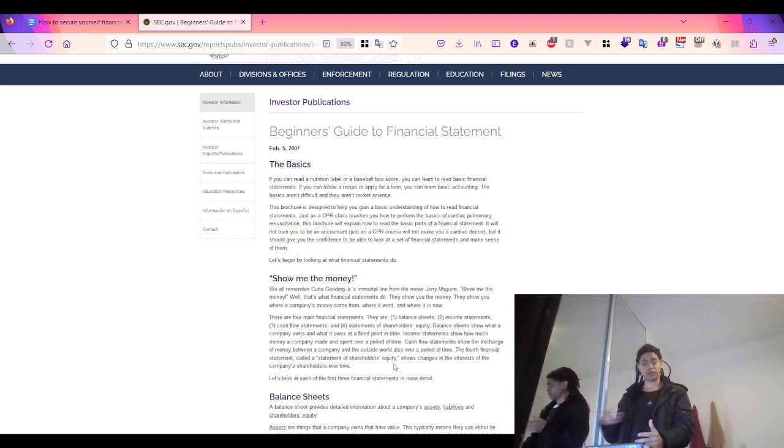It reviews the information from the balance sheet and the income statement, and the bottom line shows the net increase or decrease in cash.